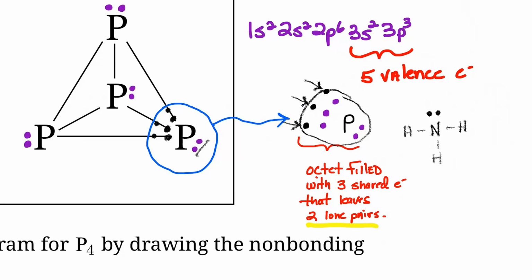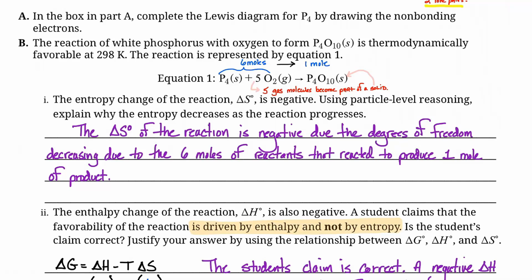And let's continue on. In 3B, they give us a reaction with the white phosphorus, a tetrahedral molecule, reacting with oxygen. And very important, they tell me that it's thermodynamically favorable at that temperature, which we're going to need for II.